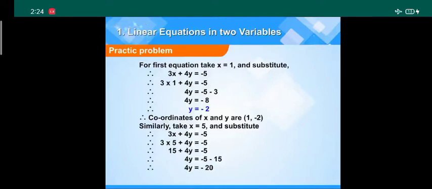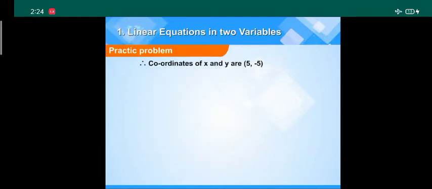Thus, 4y is equal to minus 20. Therefore, y is equal to minus 20 divided by 4, which gives y is equal to minus 5. Therefore, the coordinates of x and y are 5 and -5.